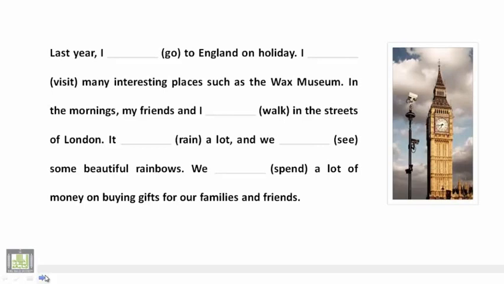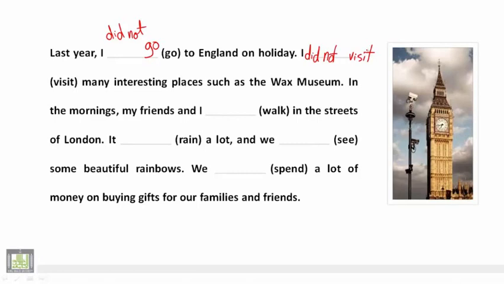Number 1, I did not go to England. I did not visit many interesting places such as the Waxy Museum.